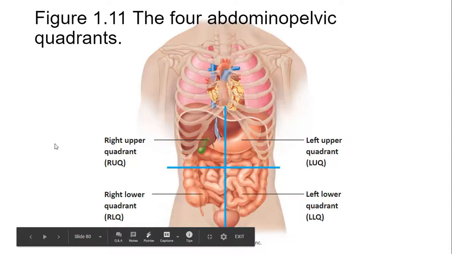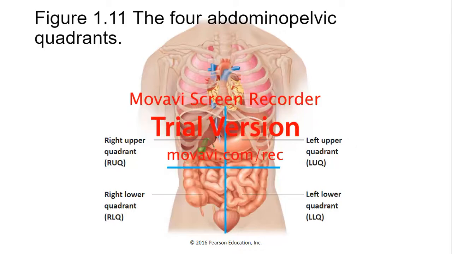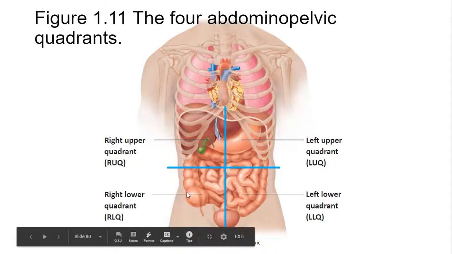Here's another figure that you should be familiar with. In the abdominal pelvic quadrants, you have the right upper quadrant, left upper quadrant, left lower quadrant, and right lower quadrant.